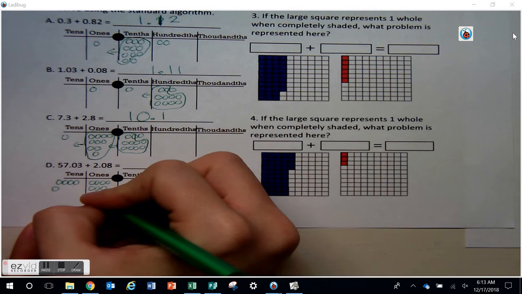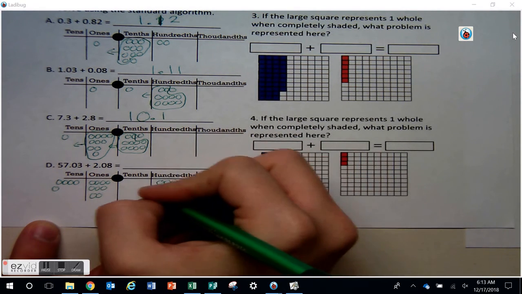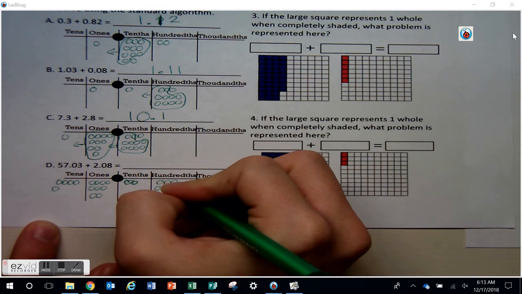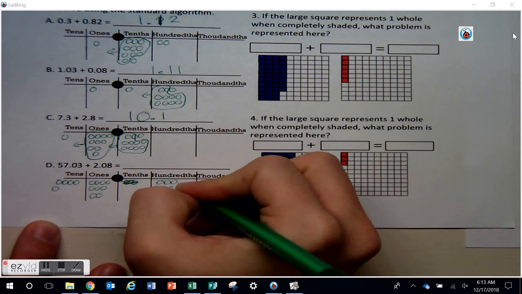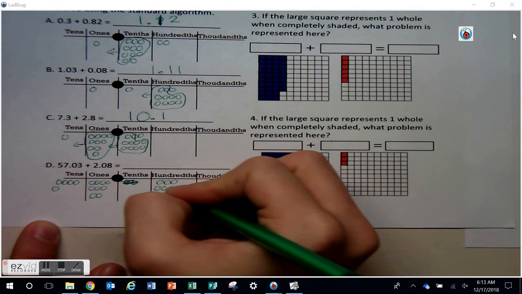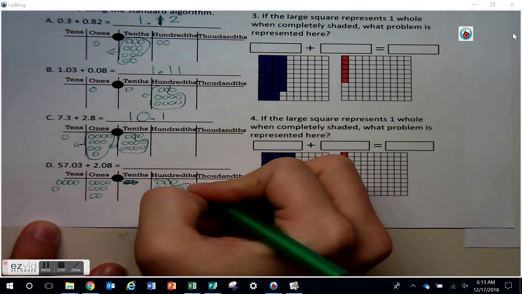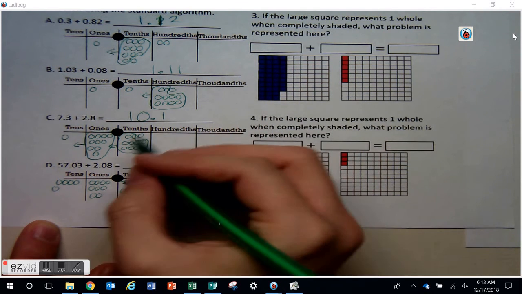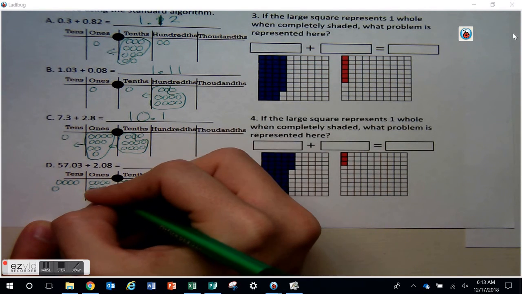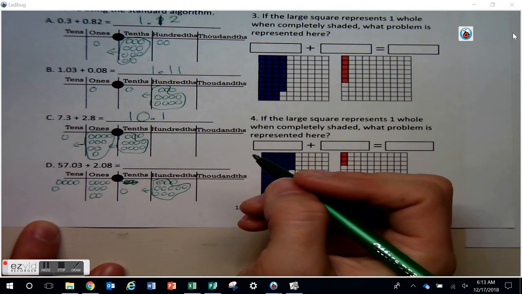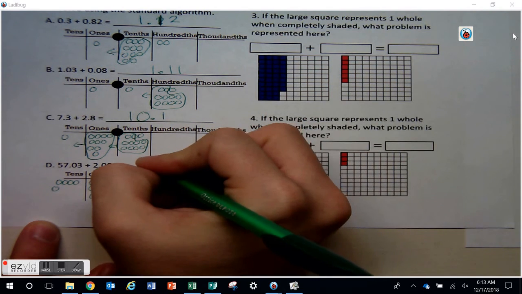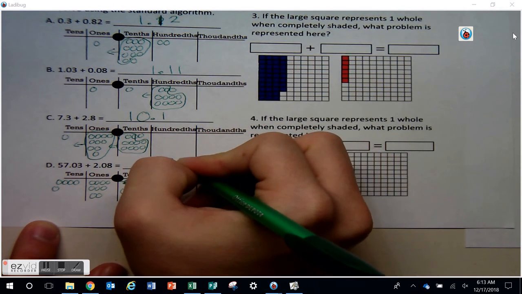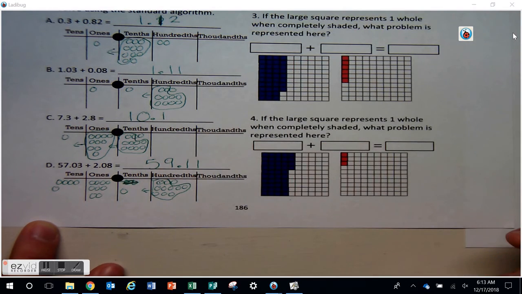I have 2 ones and 8 tenths. 8 hundredths. So again, I'm going to regroup. This becomes a tenth. We're good there. So we have 5 tens, 9 ones, 1/10, and 1/100.